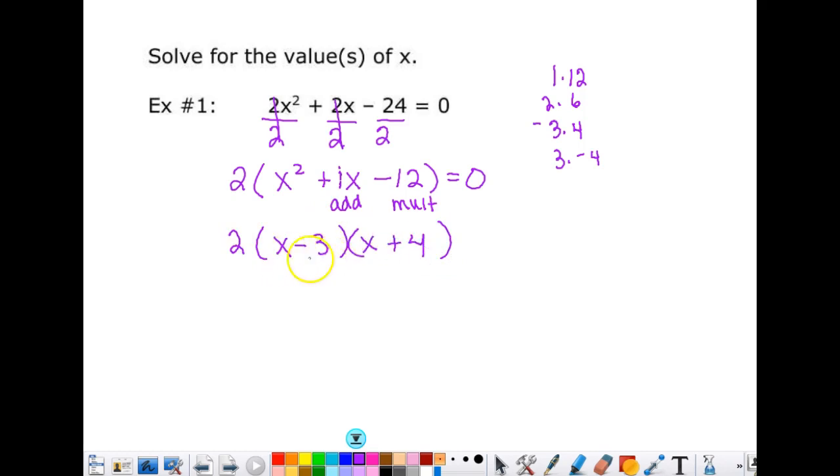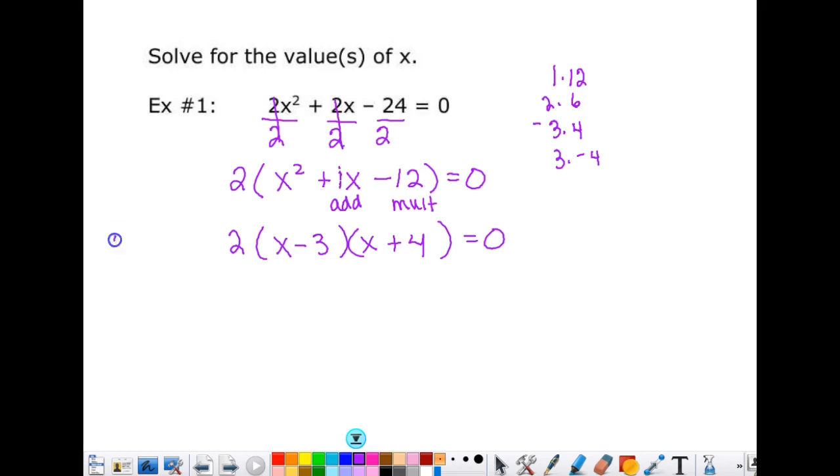That doesn't matter. This could be a positive 4. You can switch these. Okay, I would stop right here and check them. Is negative 3 times 4 negative 12? Yes. And is 4 minus 3 a positive 1? Yes. Okay, some of y'all, if y'all would just do that really quick, all you have wrong is the signs, and you could switch the signs and save a few points on a question.